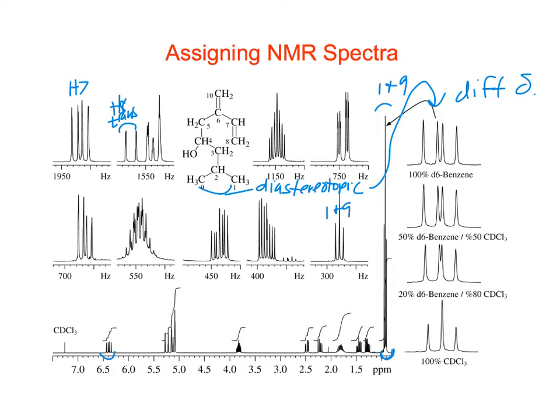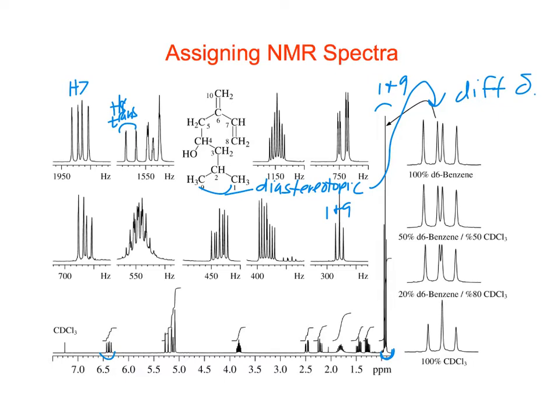The integration of H7 should come out to be 1, and then the integration of where we just marked H8 should come out to be 2? No. Here's the integration down here, right? So here's 1, and for these 2 peaks, that's the integration here. It's the same. But doesn't H8 have 2 protons? No, H8 has, it does, but we've only assigned one of the 2 protons so far.